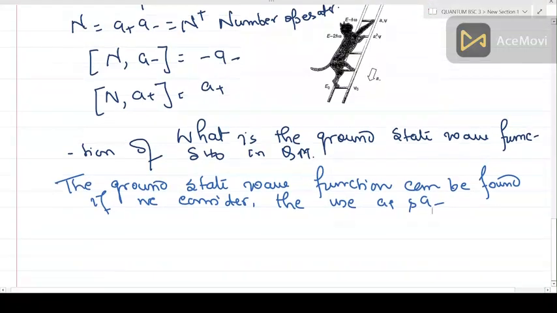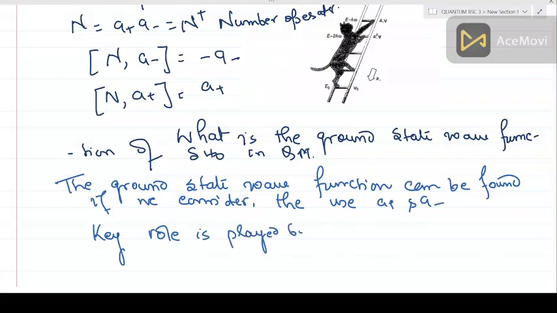I am writing a plus and a minus, but the key role is played by the a minus operator. Now try to understand, when you are applying a minus, it is taking the cat down the ladder. It is taking you step by step down the ladder.